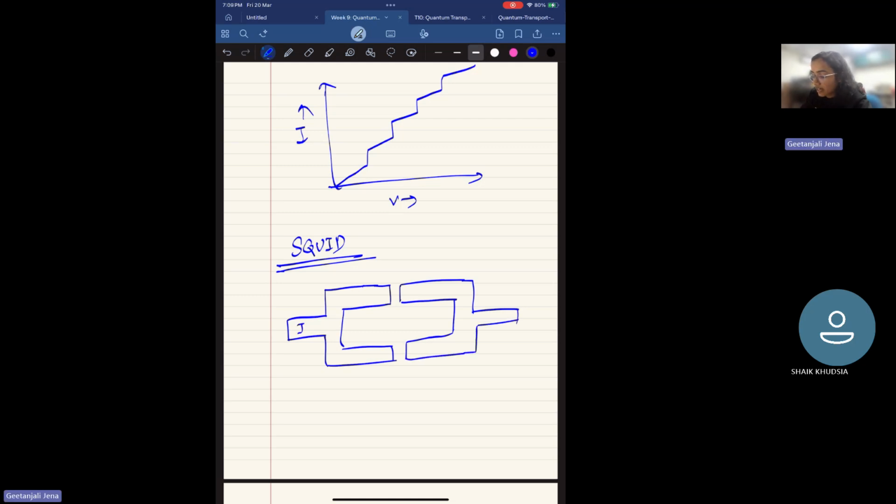And we see that when you apply a current through it, depending on the phase here, they will interfere. So the current can go this way or it can go this way. And because of the applied magnetic field, it will have a phase at this end. Also, it will have a phase at this end. And depending on the phase difference, they will interfere and we'll see a quantum interference effect, which is similar to Young's double slit experiment.